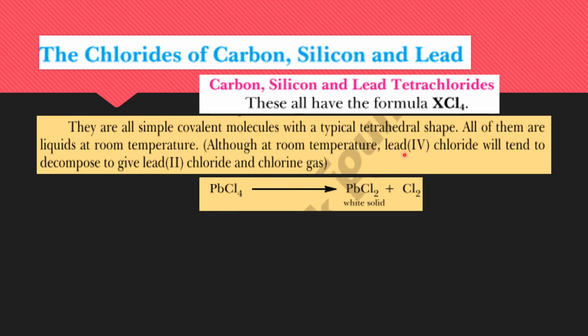Even lead tetrachloride decomposes at room temperature into lead(II) chloride, because the lead +4 oxidation state is not stable. The +2 oxidation state is stable, so lead tetrachloride decomposes into lead(II) chloride and chlorine gas is released.